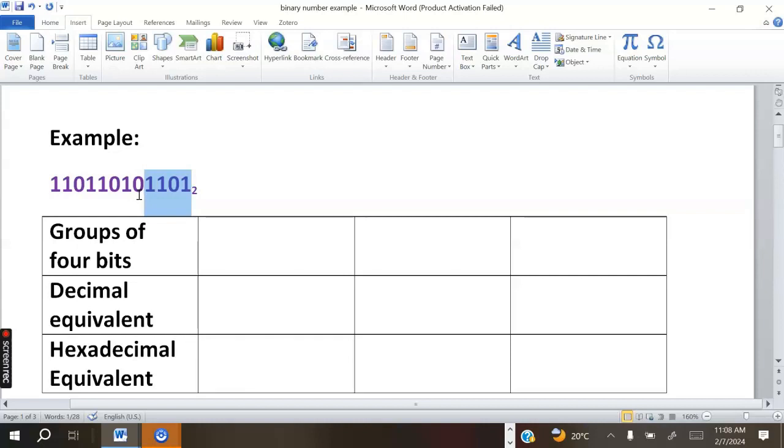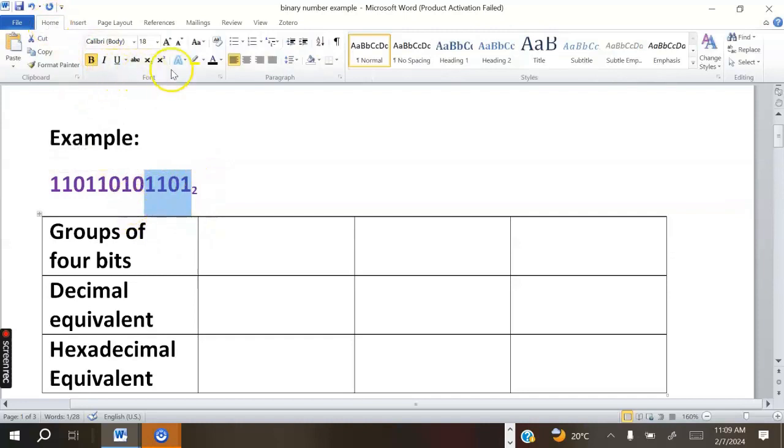For the fractional part, you start from the other side, and if the bits are less than 4, maybe I will come to that later on. But for this one, let's arrange in a group of 4.